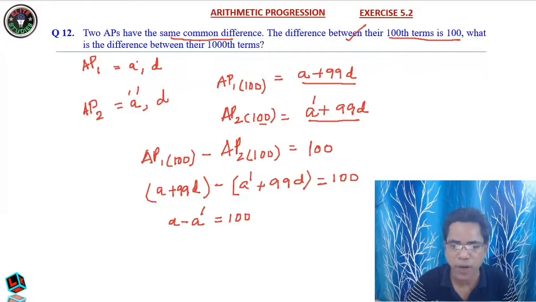Now what do we have to find out? We have to find the difference between the 1000th term of AP1 and the 1000th term of AP2.